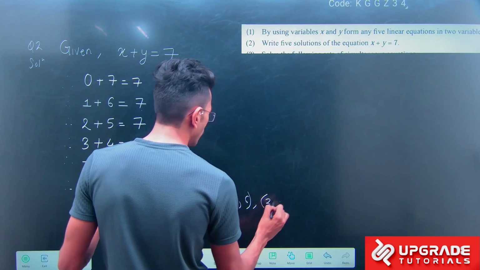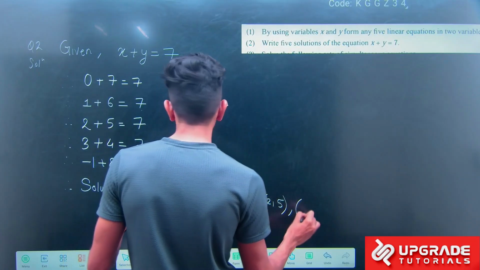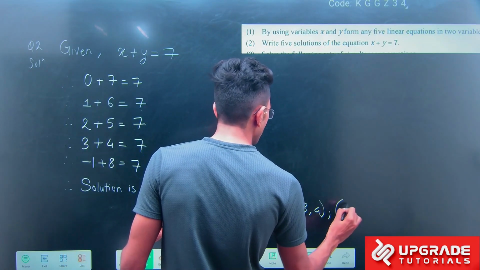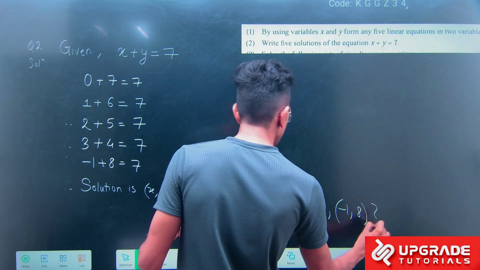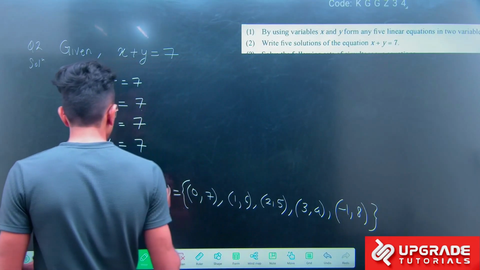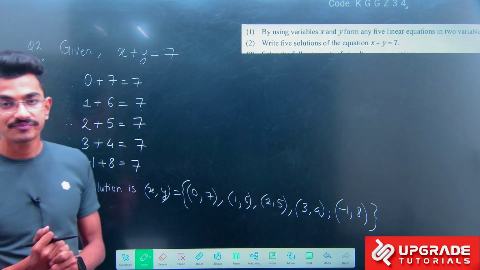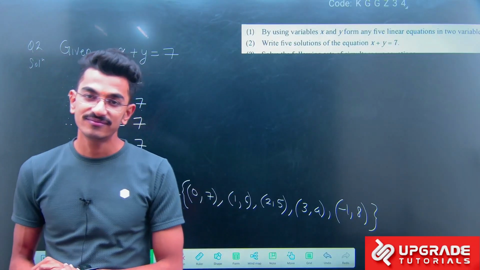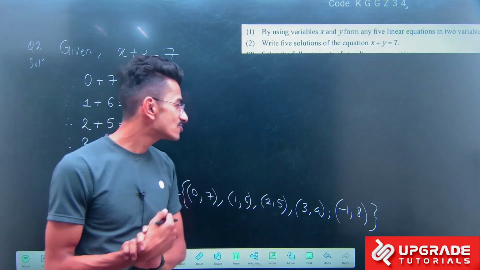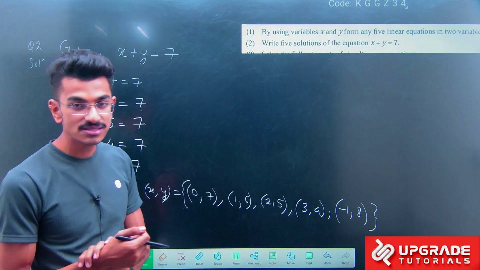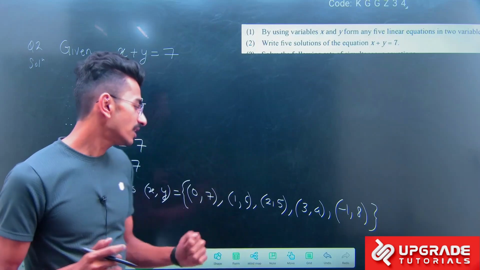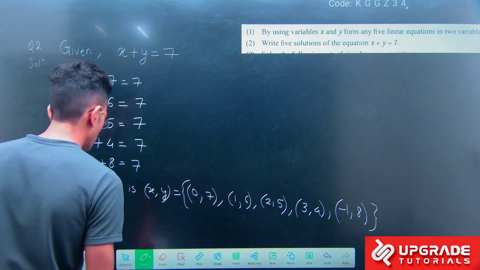Next is 2 comma 5, next is 3 comma 4 and next is minus 1 comma 8. So this is the solution set. These are the values of x and y whose addition turns out to be 7. Okay, these are very basic and easy sums. The complicated sums or the proper solutions will start from the next question.